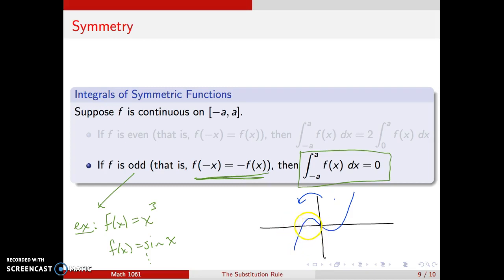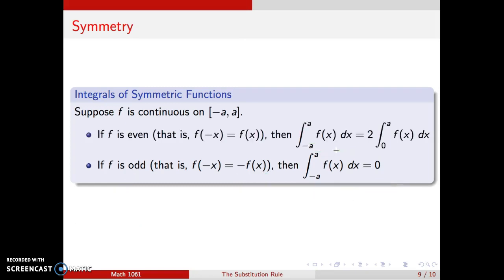And so if I was going from, let's say, negative a to a, whatever I have here is balanced out by the negative of it there, so the overall effect is going to be 0. But very specifically from negative a to a. So that's kind of a useful result. When it comes up, it's really useful, but in reality, it doesn't come up too often. So those are our two symmetry results.